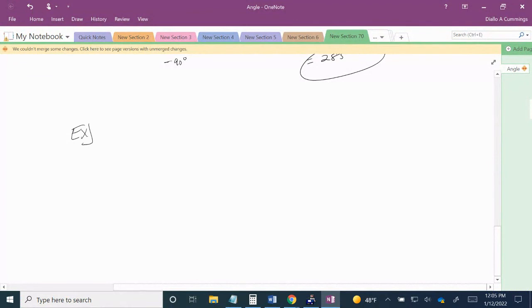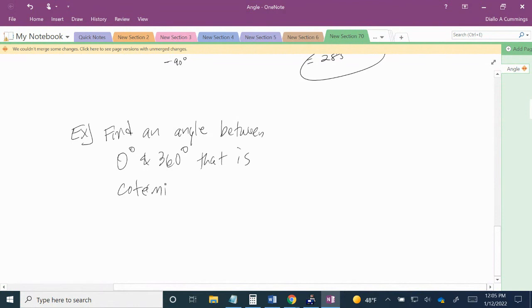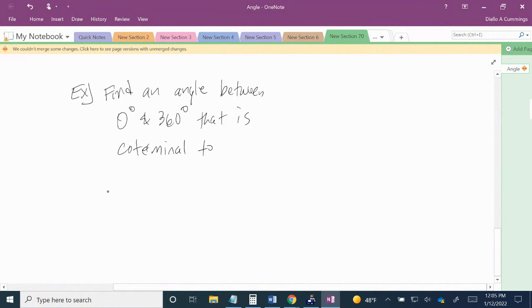For A, find an angle between 0 and 360 that is coterminal to 1080 degrees.